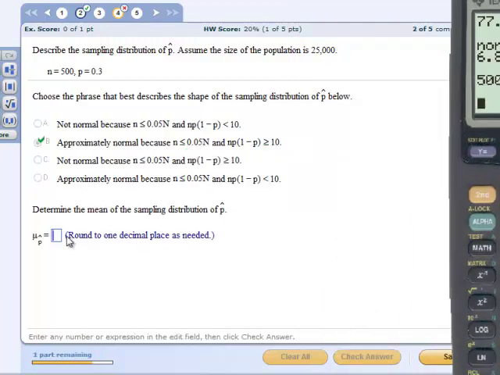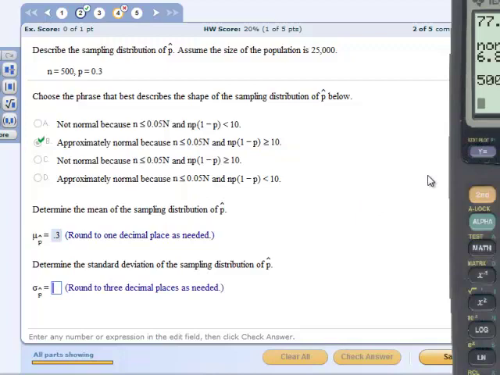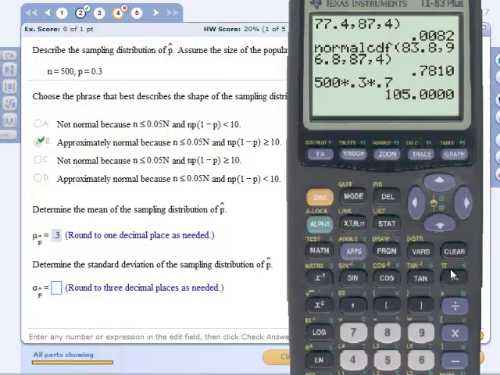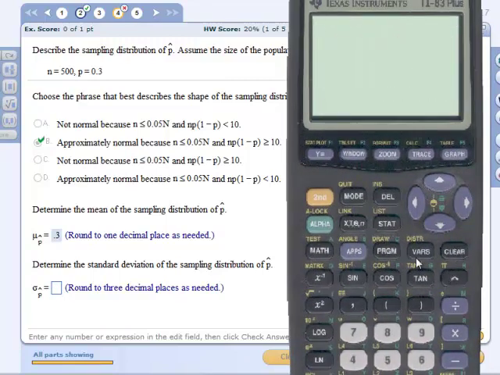Okay, then the B part, determining the mean of the sampling distribution of p hat. And that's just going to be p. And this is the tricky one, right? It's a formula. Again, don't bother memorizing it. If you did about 10 of these, you'd end up memorizing it, but you can just put that on your note card, if I'm still allowing that. So we're going to do the square root of pq over n, or p times 1 minus p over n.